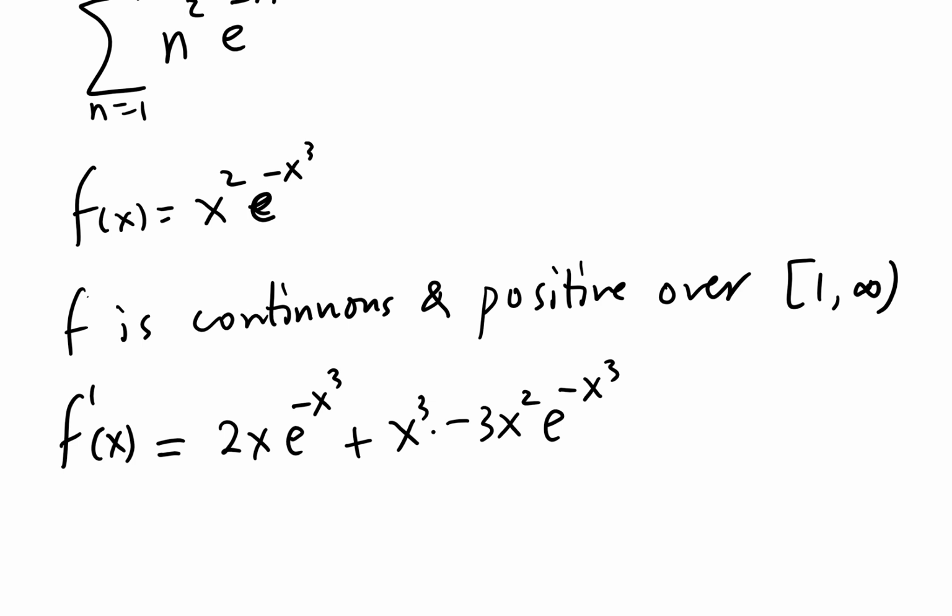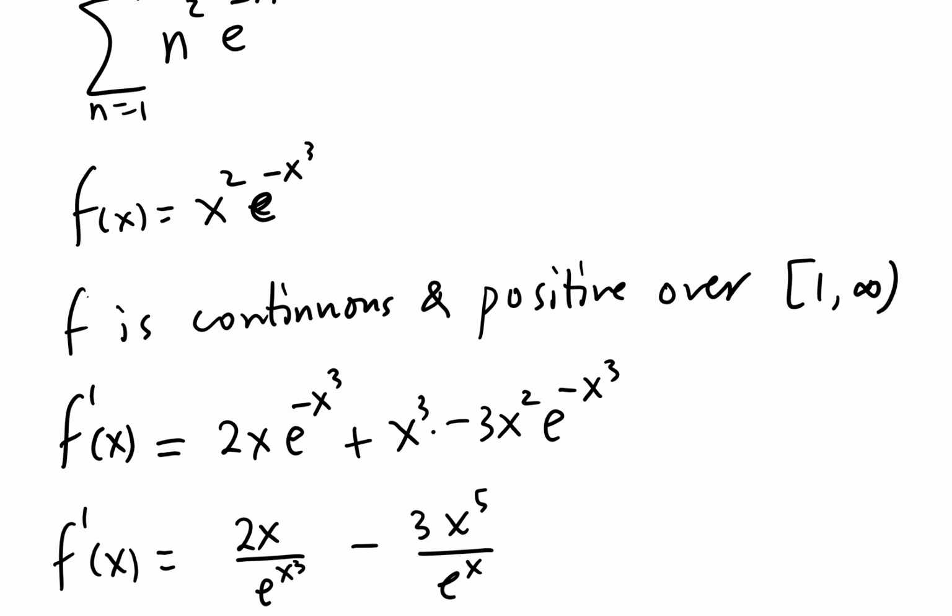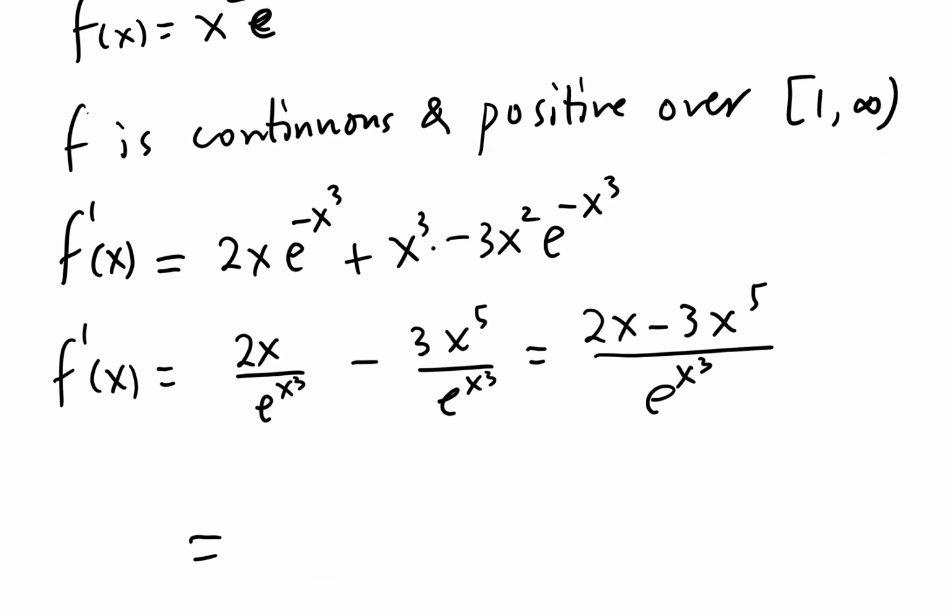And after we do this, we're going to try to simplify now. 2x over e to the x cubed minus 3x to the fifth over e to the x cubed. So 2x minus 3x to the fifth over e to the x cubed. What we can do is factor x on the top: x(2 minus 3x cubed) over e to the x cubed.